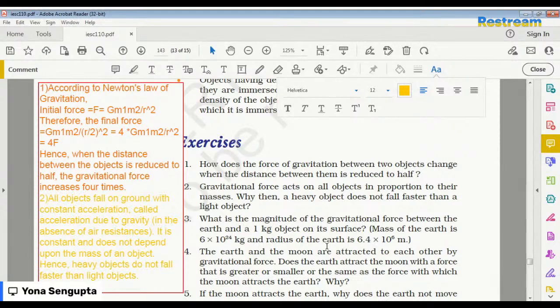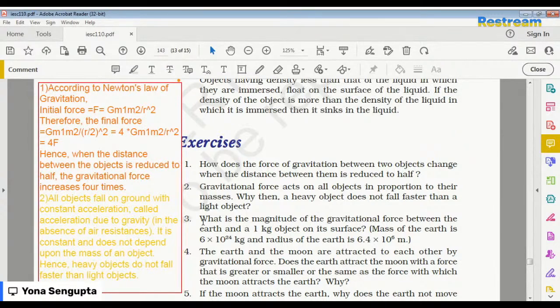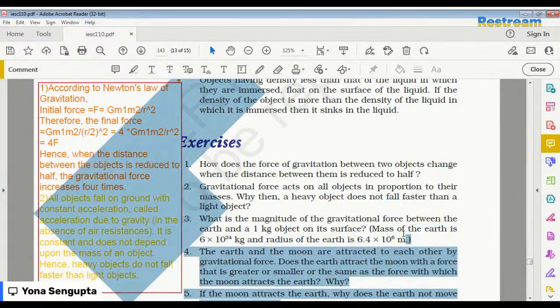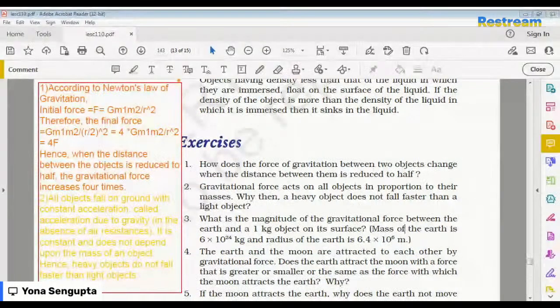Now we have number 3 here. What is the magnitude of the gravitational force between the Earth and a 1 kg object on its surface?